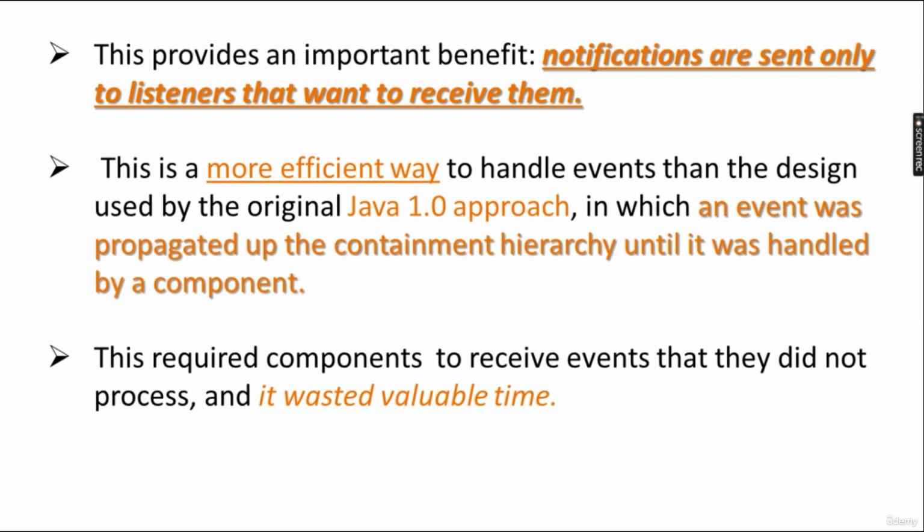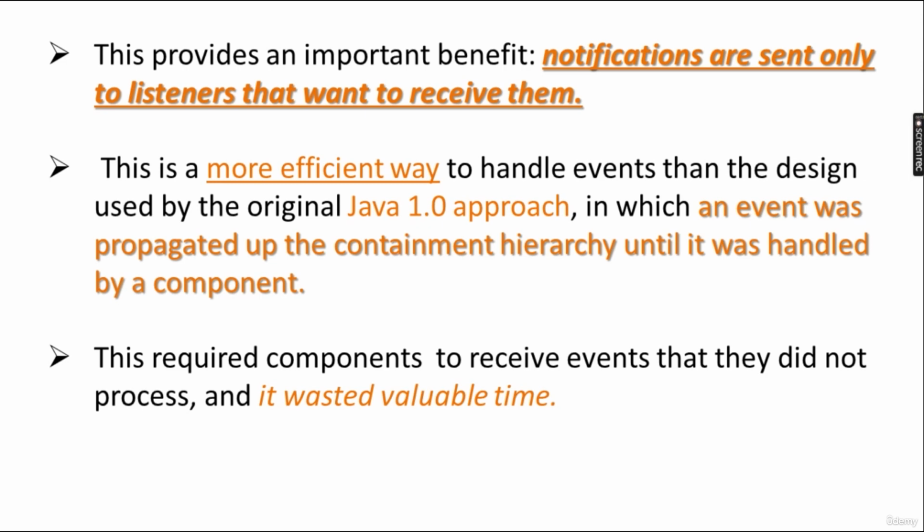This is a more efficient way to handle events than the design used by the original Java 1.0 approach, in which an event was propagated up the containment hierarchy until it was handled by a component. So what was there in the old approach? The event was propagated up the containment hierarchy until it was handled by a component.